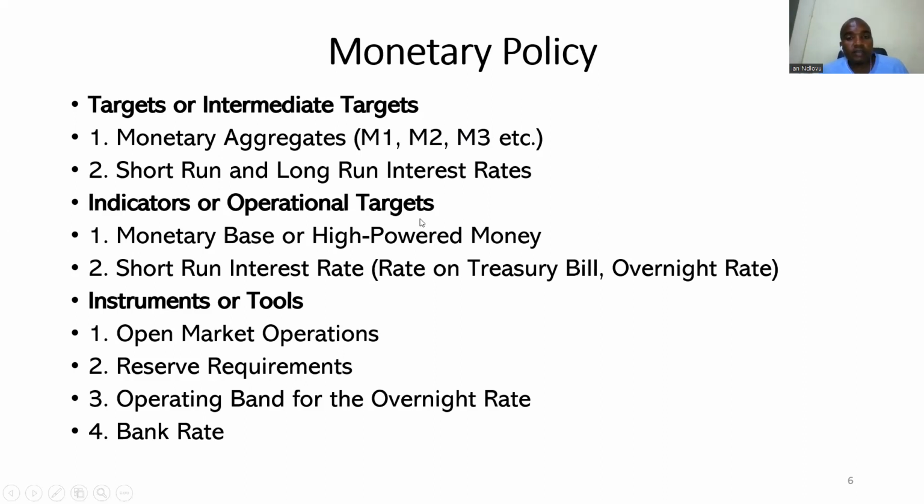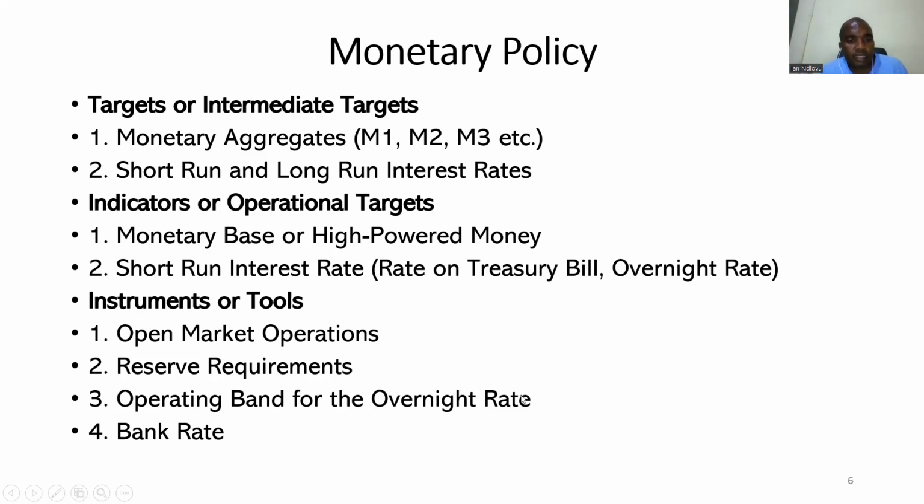The indicators or operational targets of monetary policy are, one, the monetary base or high-powered money, and 2, the short-run interest rate, which is the rate on the treasury bills or the overnight rate.